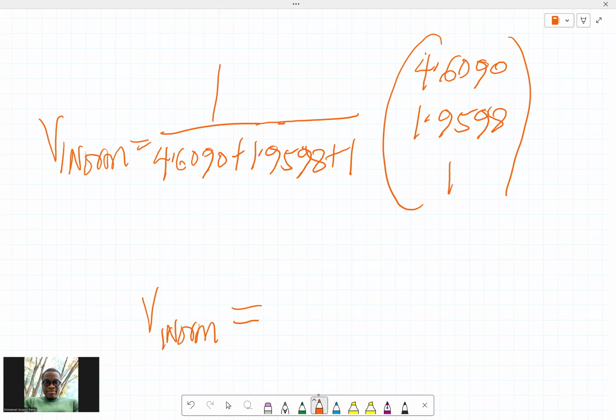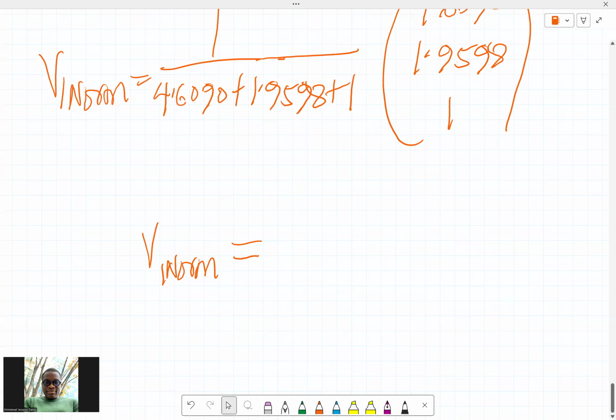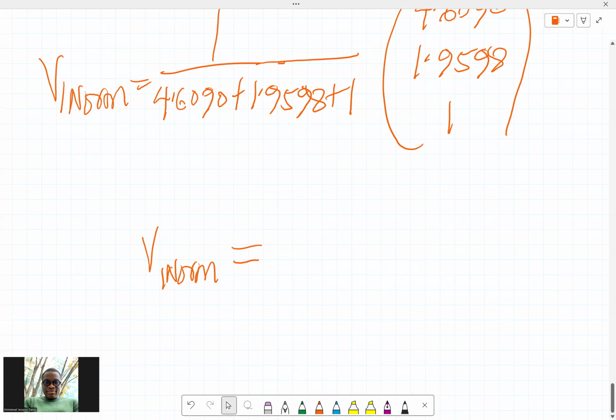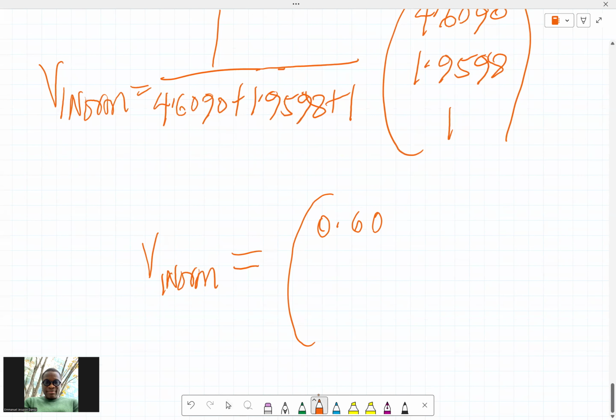At the end of the day, all of that is going to give us the following. So we just have 0.6090, 0.2589, and 0.1321.